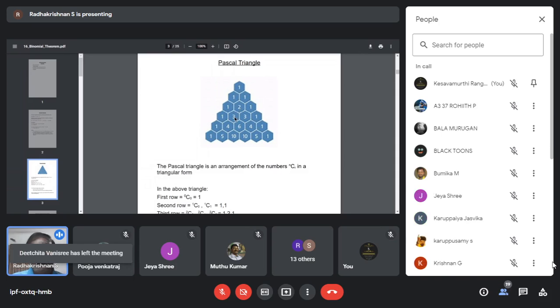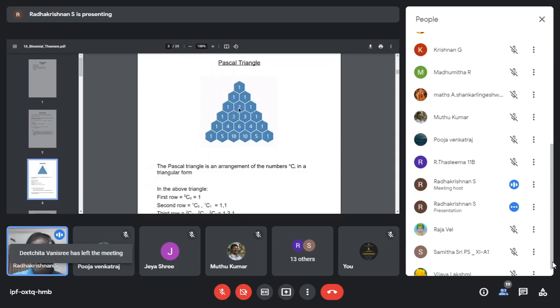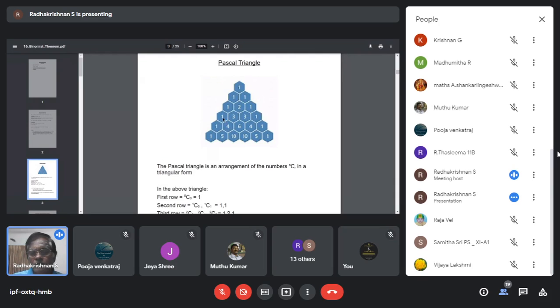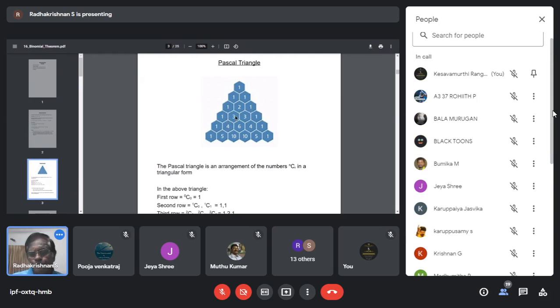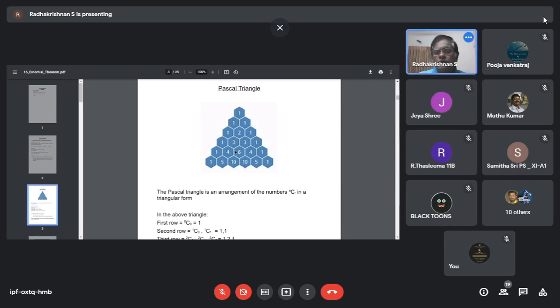Here 3, because 1 plus 2 equals 3, and 2 plus 1 equals 3. All the middle terms work the same way. It is the sum of the two terms in the previous row just above that term.